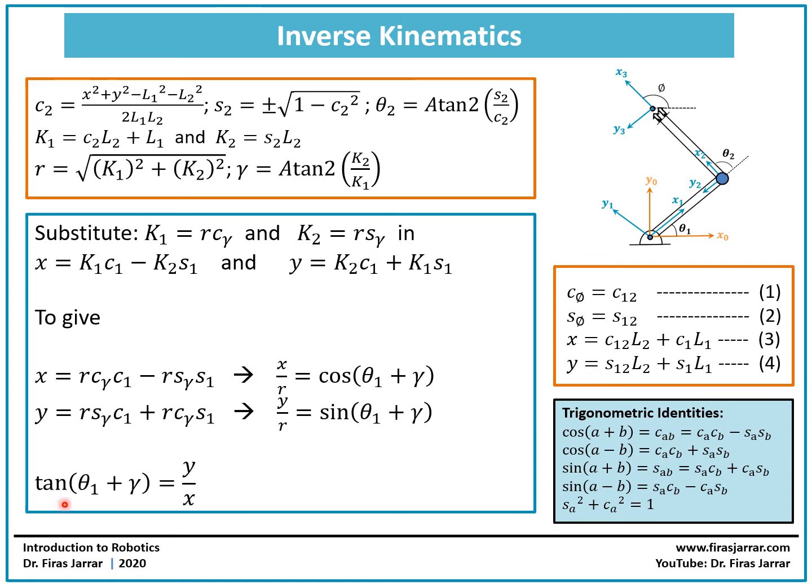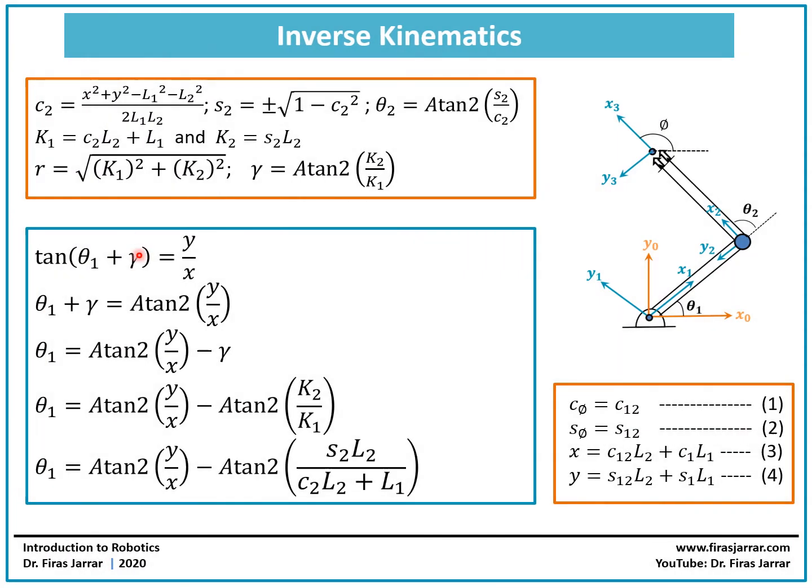So now I can easily extract theta because I can take the tan inverse. So theta 1 plus gamma will be the tan inverse, or the atan2 function in MATLAB, of y over x.